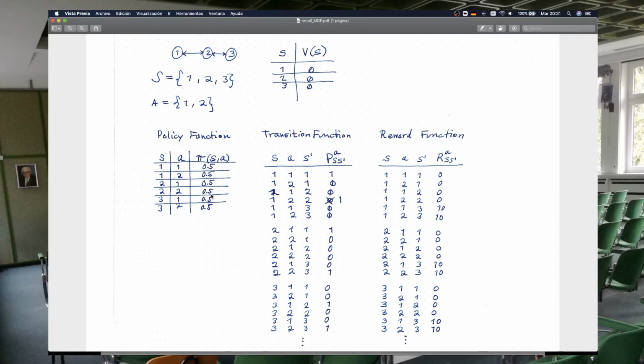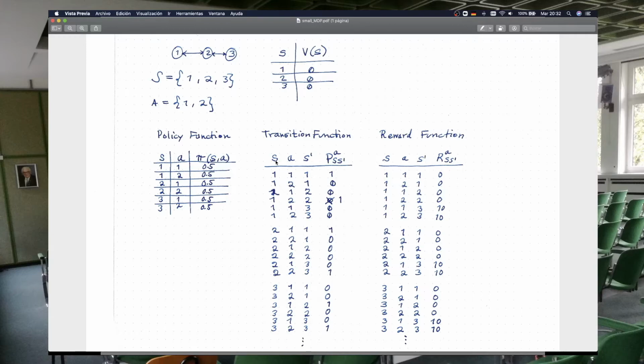The transition function, as the name says, tells you the transition probabilities. If you are in state S and you execute action A, what is the probability that you will move to state S prime? So you need to create a table with all the possible combinations of S, A and S prime.